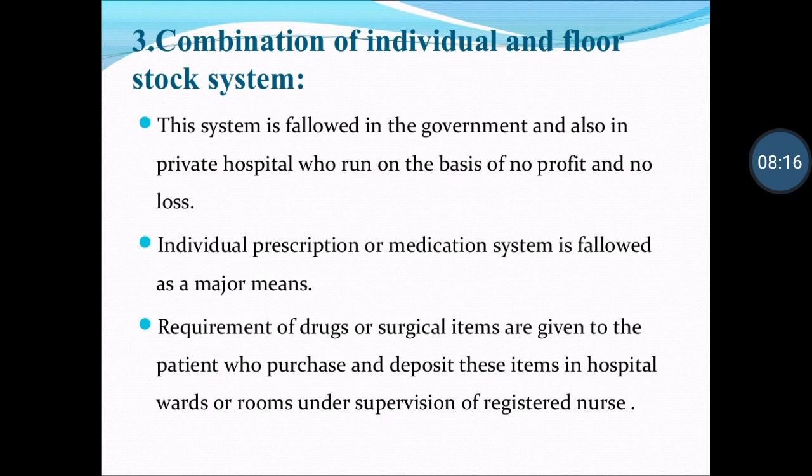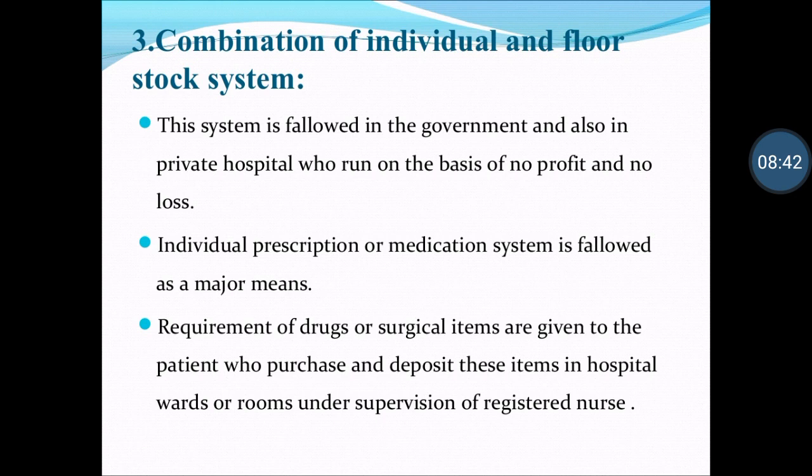So this type of hospital is like the government hospital. No profit, no loss means like a charity hospital, which can charge only a very low amount, but cannot run at a loss. This type of hospital contains the combination of individual and floor stock system. Individual prescription or medication system is followed as the major one, meaning individual medicine prescribed is very important.